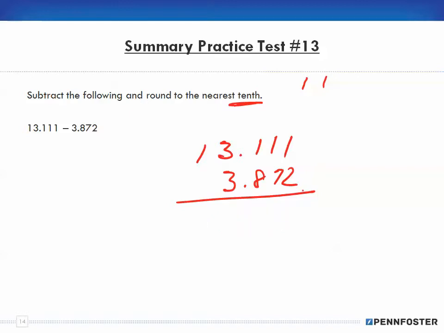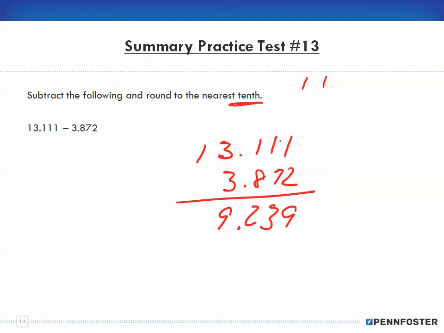Let me go again. 2 from 1 is 9. 7 from 10 is 3. 8 from 10 is 2. 3 from 2 is 9. 3 from 12, okay? Because I'm borrowing here, all right? Watch me, I'll do it slow.